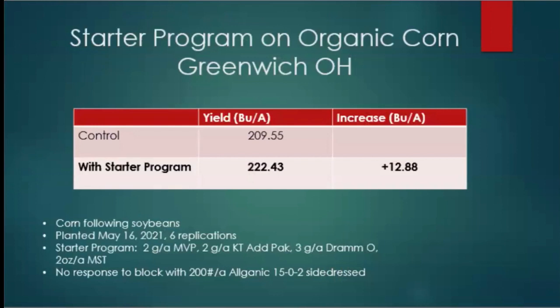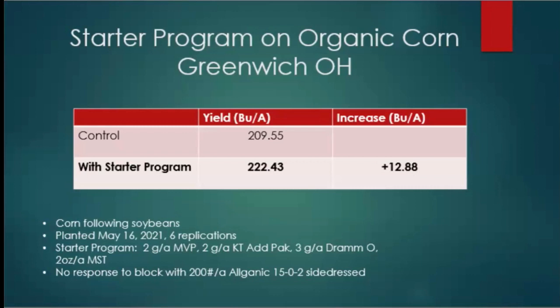So here's an organic growth corn program. Basically almost a 13 bushel difference. They were both following soybeans, planted mid-May, 6 replications of this trial, which I think is very important. Sometimes one trial doesn't tell the whole story. Trials can get finicky sometimes. The starter program had, again, the JMO, KTI Pack, AVP, also had MST.